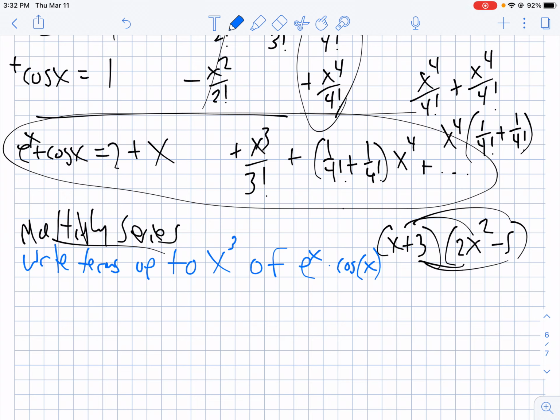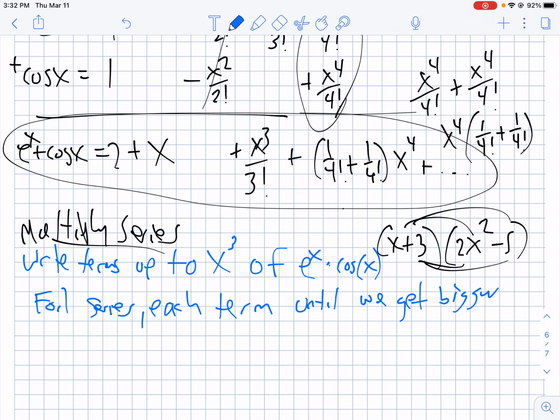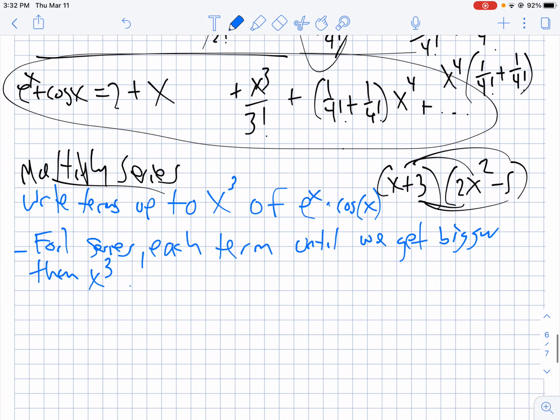Okay, so what we're going to do is FOIL out the series, and we're going to FOIL out each term until we are bigger than x cubed. Until we get bigger than x cubed, we're just going to keep FOILing. Okay, and then once we do that, just like normal, we're going to combine our like terms as we always do.